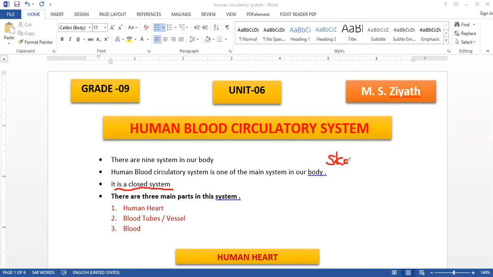It's a closed system, which means there is a network in our body through which the blood is transported, through the blood tubes or vessels. So it's blood tubes, or I can say blood vessels. So that's what we can say: it is a closed system.